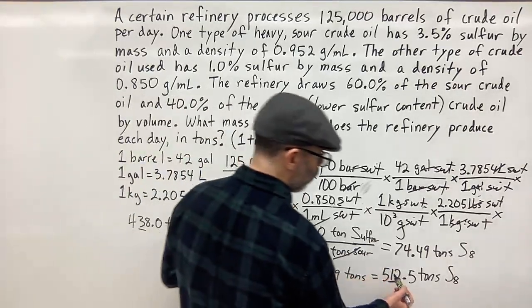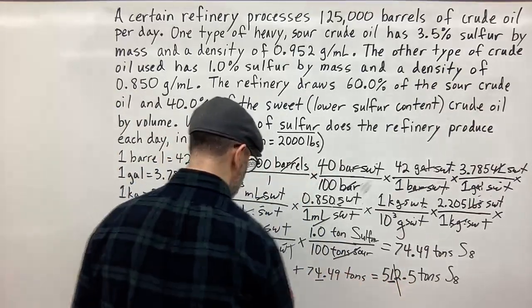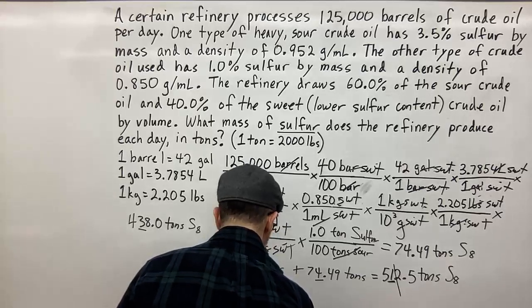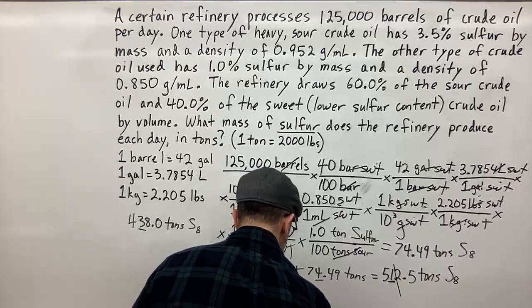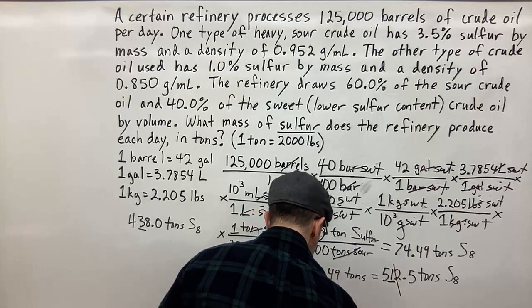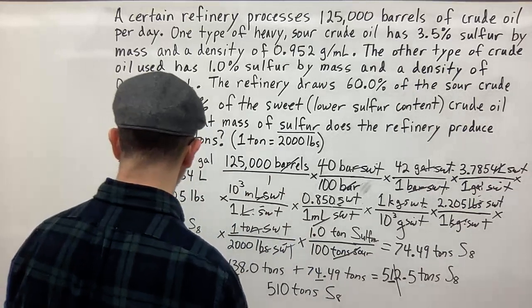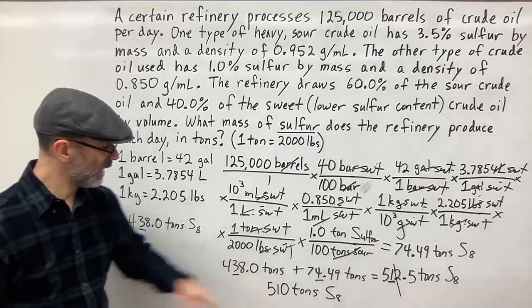Then we're going to drop it off there. And so our final answer would be 510 tons of sulfur. And so that is the answer.